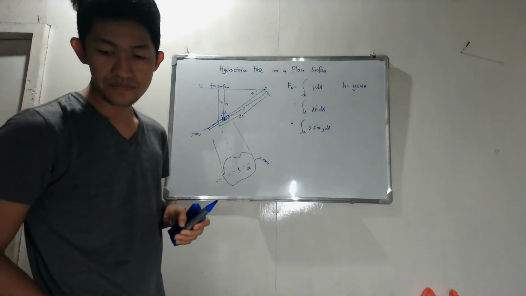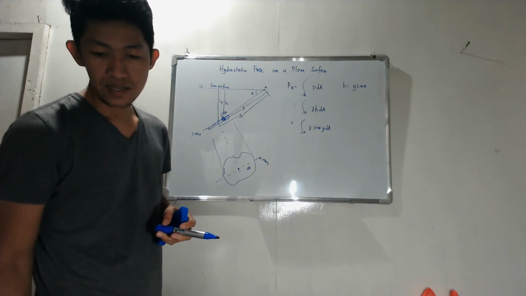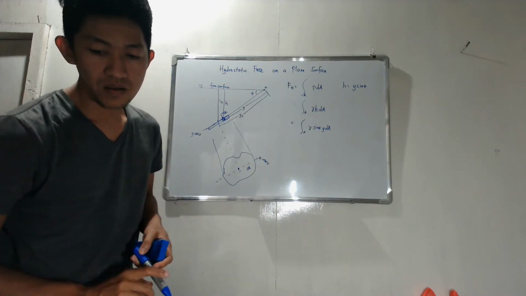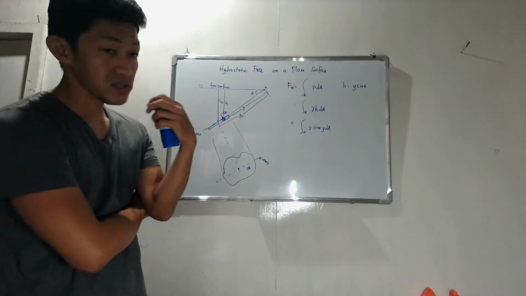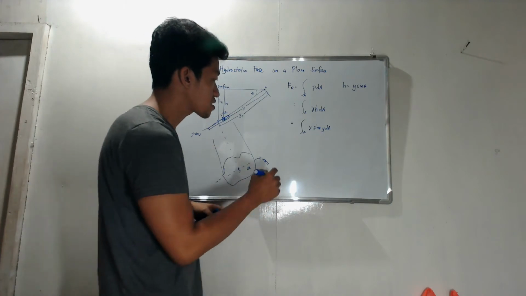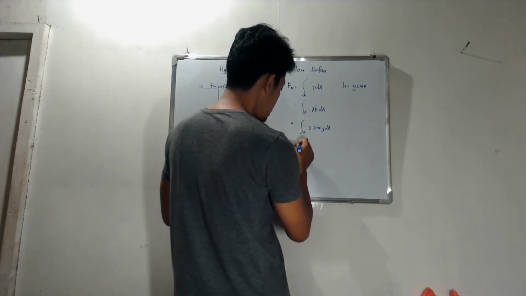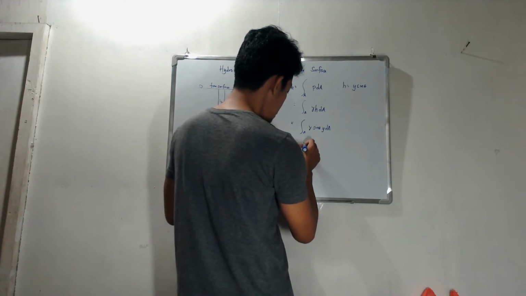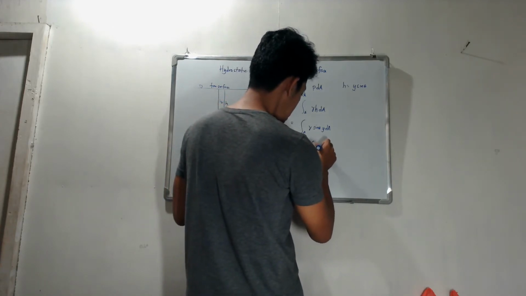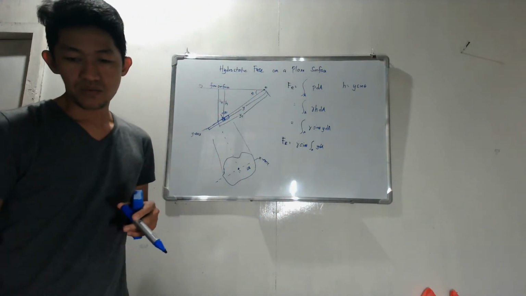Since gamma, a property of the fluid, is constant and the angle is constant, they come out of the integral. Therefore, the resultant force is just gamma sine theta times the integral of y dA.